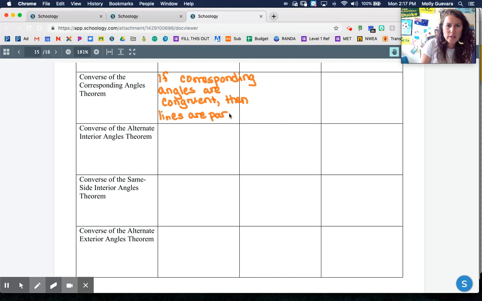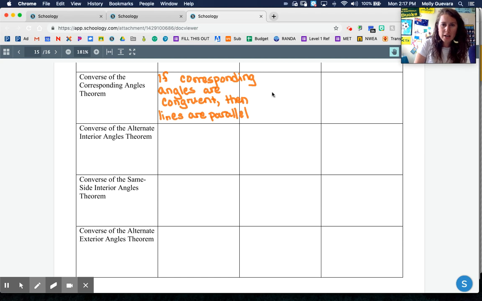So this is going the opposite way. So the corresponding angles theorem said that if lines are parallel, then corresponding angles are equal. Here we're going, if corresponding angles are equal, then the lines are parallel. So we're just going the opposite direction in that.